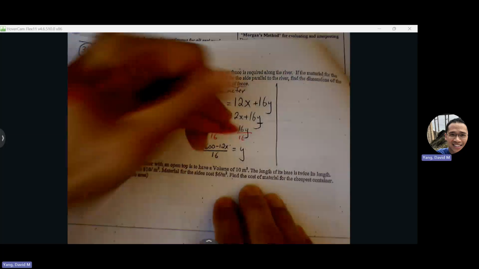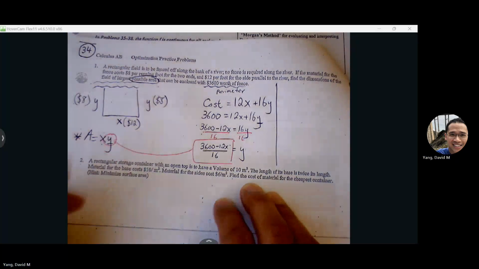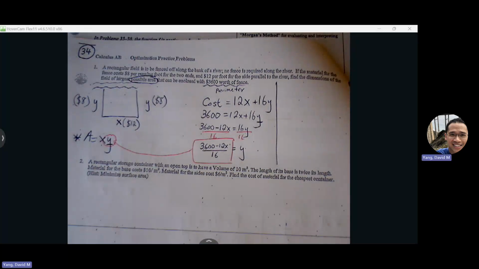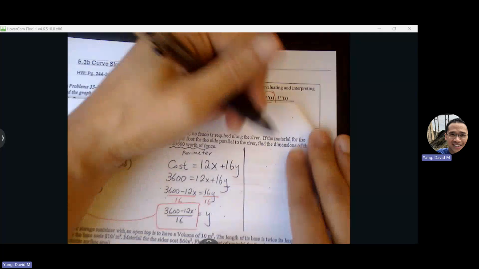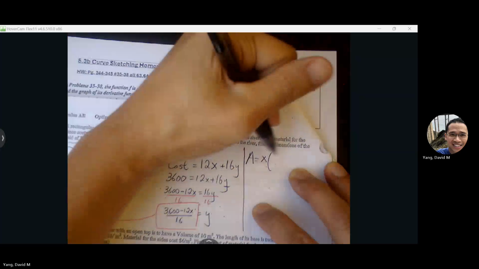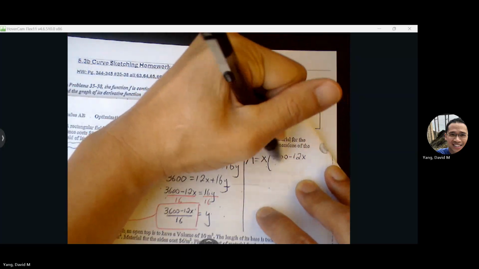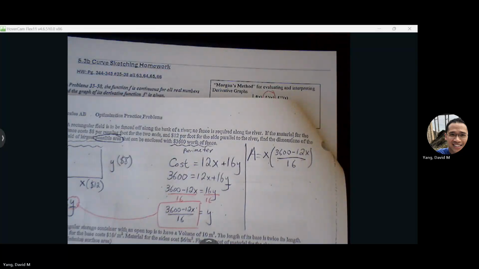Make our substitution. So this will go in for the Y. And again, it looks complicated, but all we need is power rule to eventually find the derivative. See how far I can get from here.